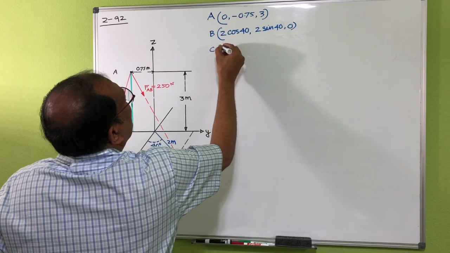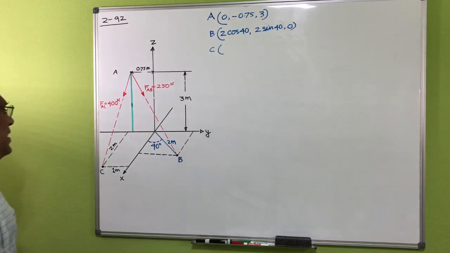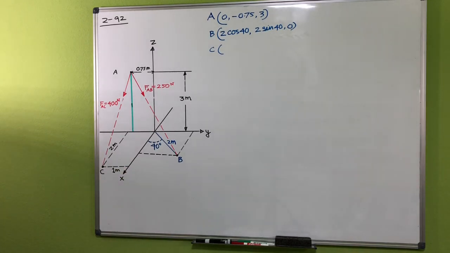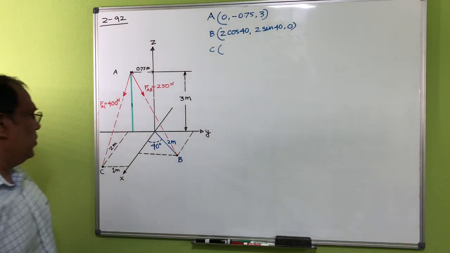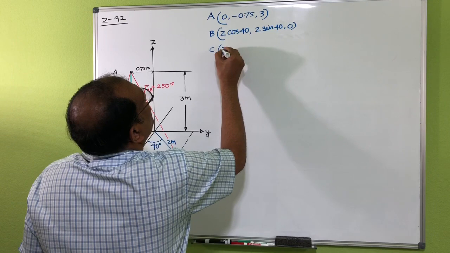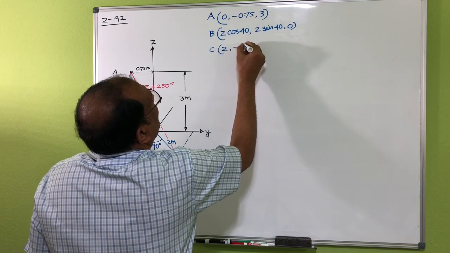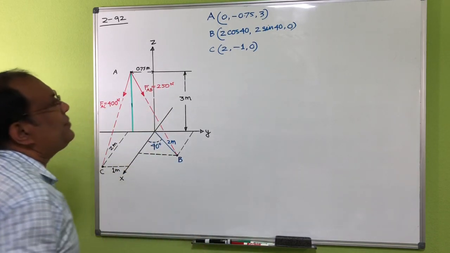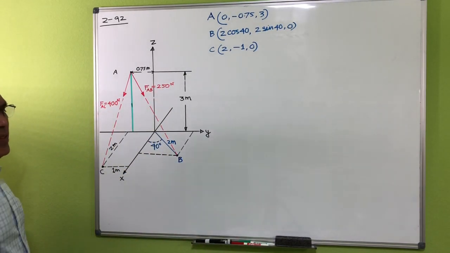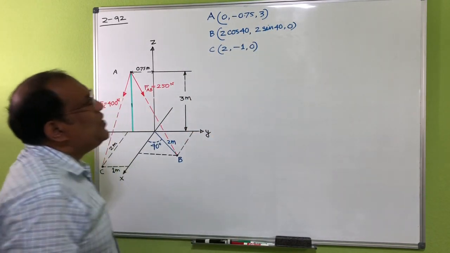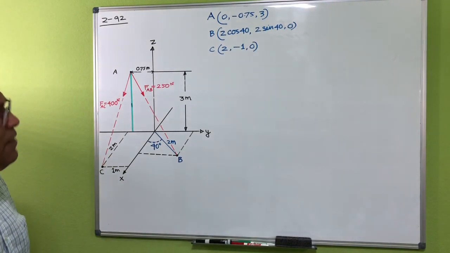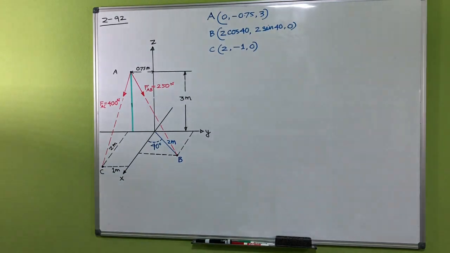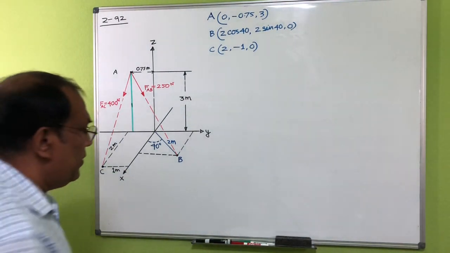Similarly, we can find out our C here, which is in the x direction 2 meter, y direction minus 1, and z equal to 0. So 2, minus 1, and 0. So here actually I can change that one, putting the value of cosine 40 and sine 40, and I get that value 1.53.